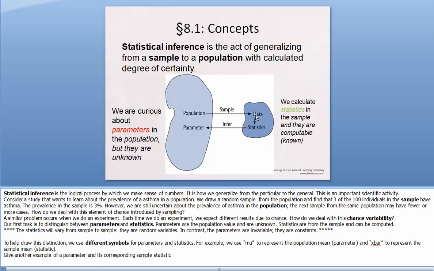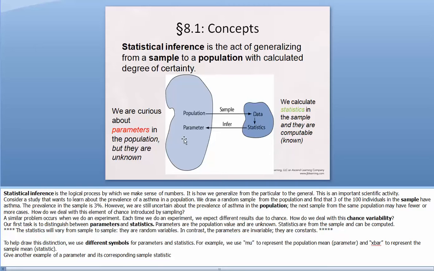And the sample is a small sub collection of the population. Now typically we are curious about parameters in the population. Parameters are numerical values that describe the population, and typically they are unknown. You can think in terms of the mean of a population. If you think about Penn State freshmen, what is the average GPA of all the Penn State freshmen? That's a huge population, right? But that value is not known.